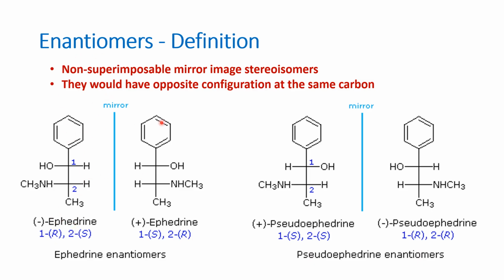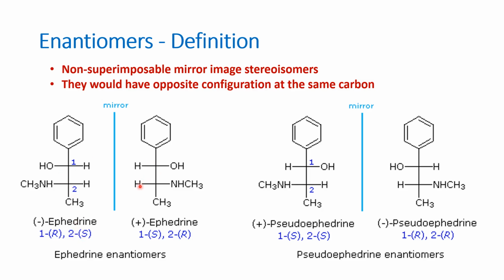If the two molecules are enantiomers, they would have opposite configurations at the same carbon. Please have a look here, carbon 1 which is a chiral carbon, carbon 2 which is also a chiral carbon are marked. The absolute configuration at 1 is R and the configuration at 2 is S.